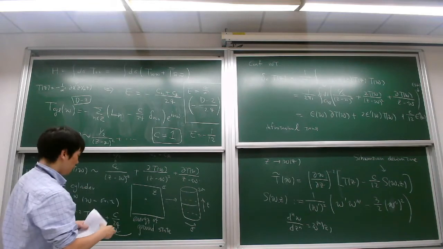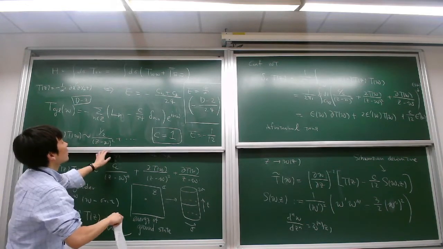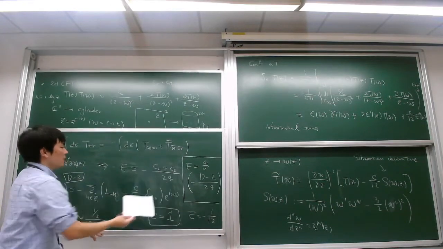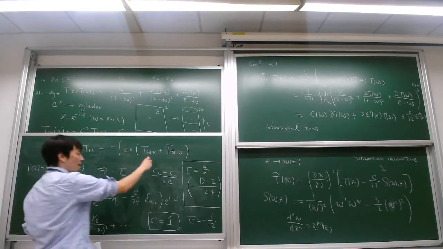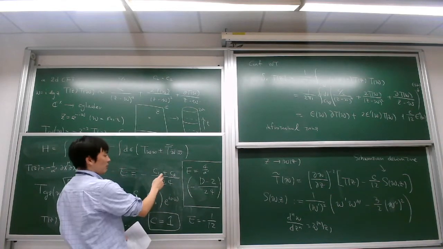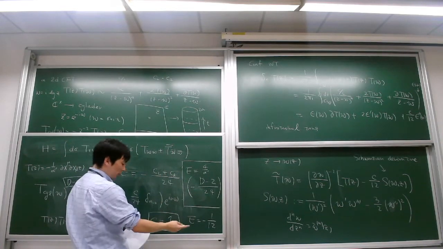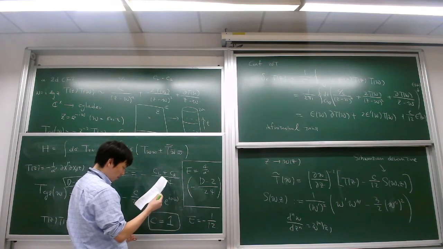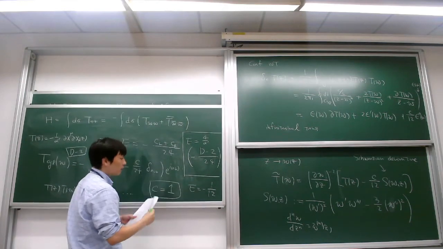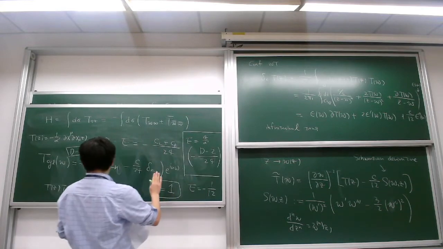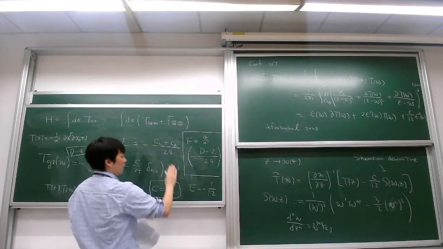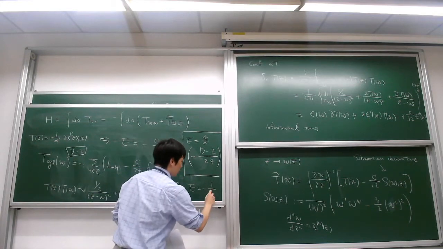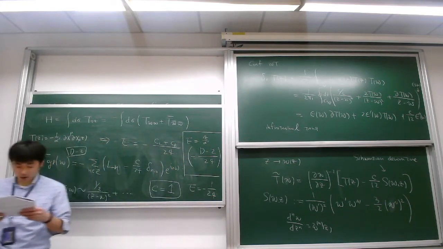So E is equal to, what is that? Oh yeah, here 24, and c left and c right are 1/2 and 1/2. Why don't I get 1 over 12? Sorry, it should be 24. Yeah, c left and c right give you 1/2, 1/2. It should be 24. Sorry, there's a typo in the lecture note.